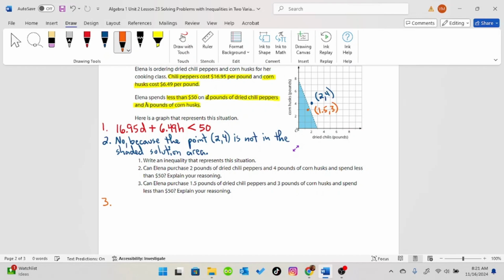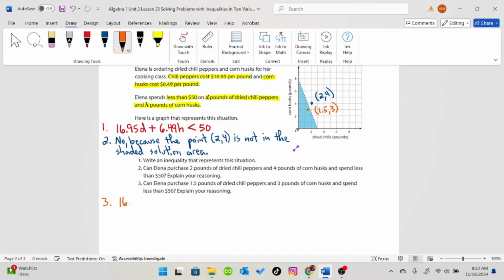It appears that we are in the shaded region, but it's really close, and we're using a point that's not on a crosshair. So just to verify, let's substitute these into our inequality.